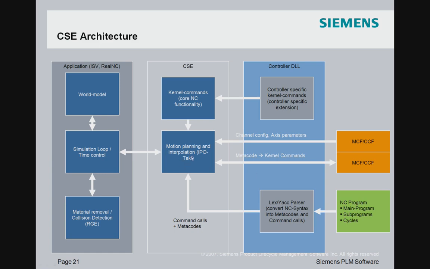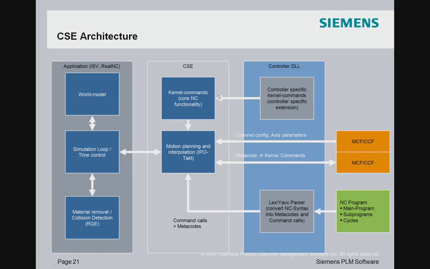And then CSE will provide the calculated axis values to ISV, so that ISV can update the graphics, move the machine, and do material removal based on that.